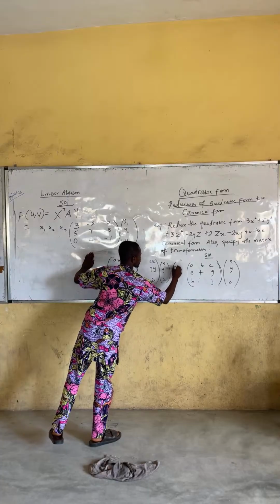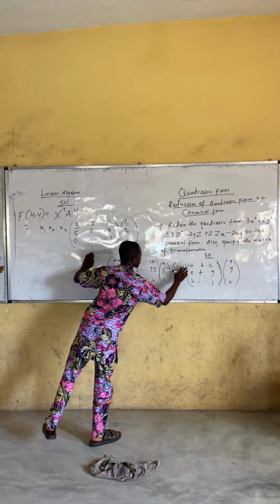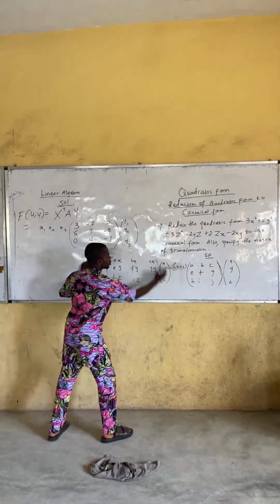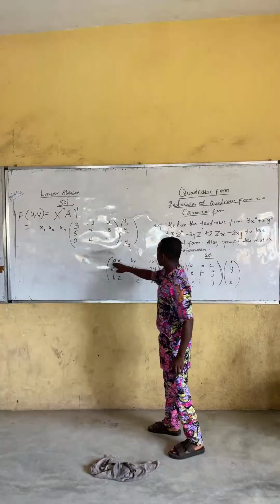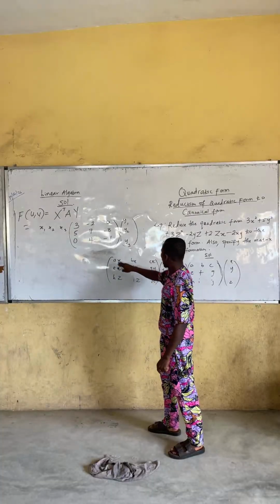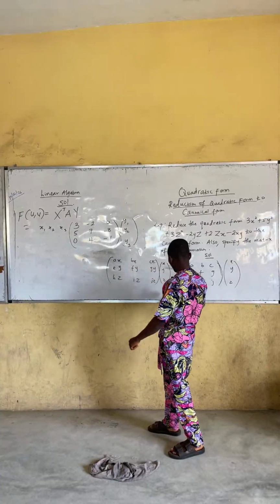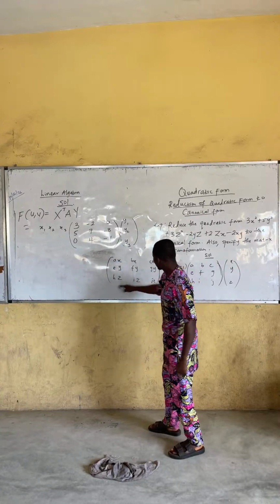I'm still coming to this one. So this first row multiplies this column, this column, this column.